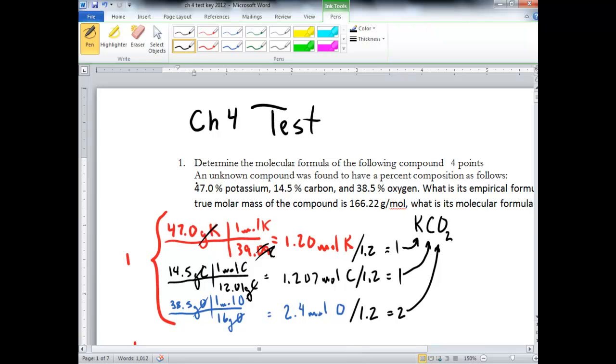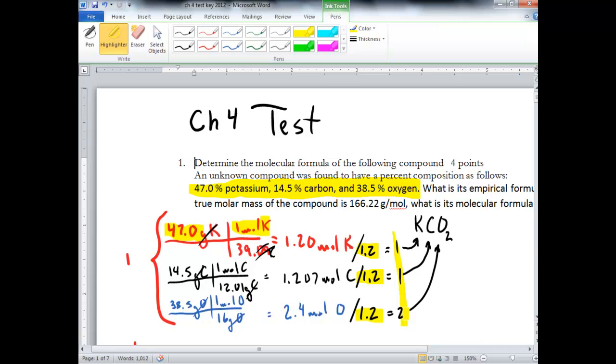So in a problem like this, where you are given the percent composition, sometimes you might just be given the mass, but here we're given the percent composition, and we just change that percent to grams, grams to moles, divide by the smallest, and if these had not come out as whole numbers, we would have had to multiply them by some small coefficient to make all of them a whole number.